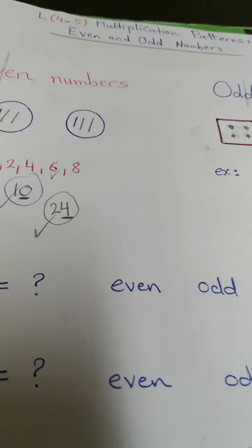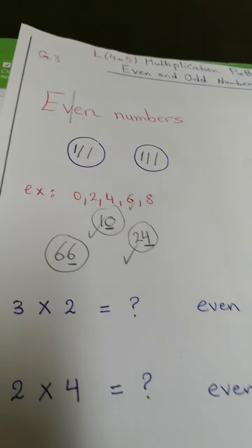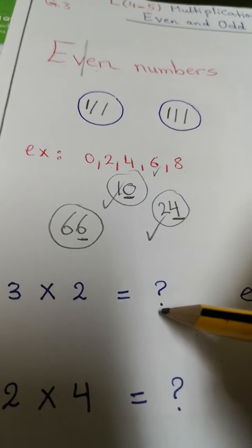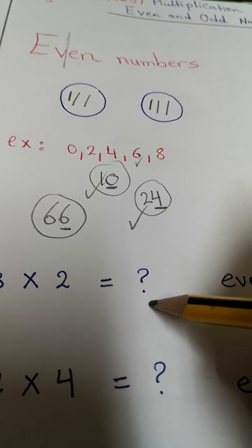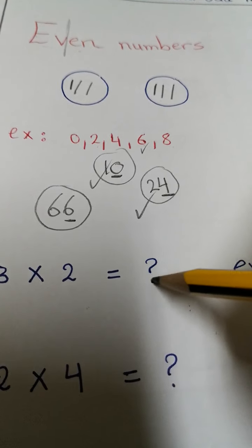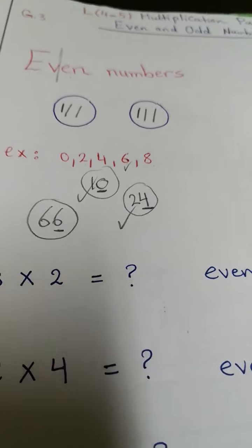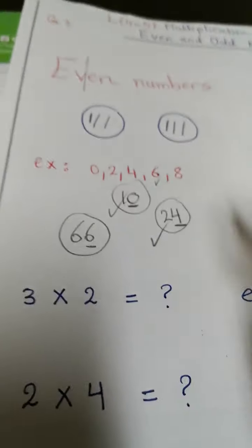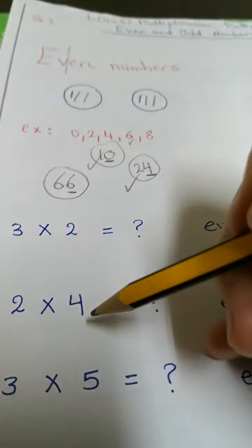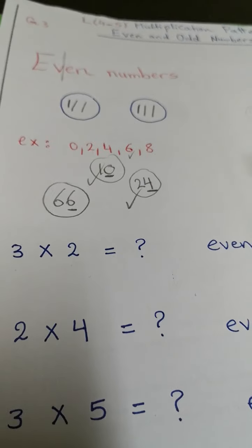What about my lesson today? My lesson today, I will talk about the product. Is my product an odd number or an even number? Every time I must answer my problem and look at my number, is it even or odd? You can know that from the factors: 3 multiply 2, or 2 multiply 4, or any numbers or equations.